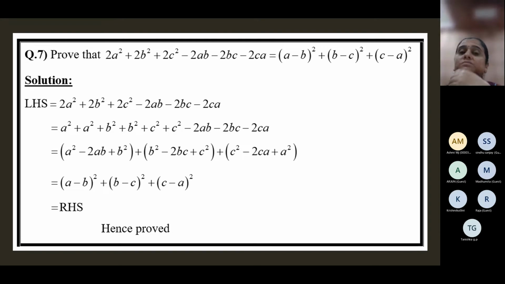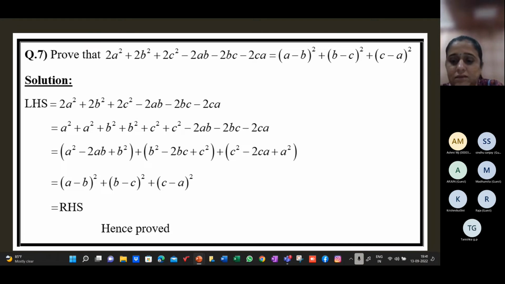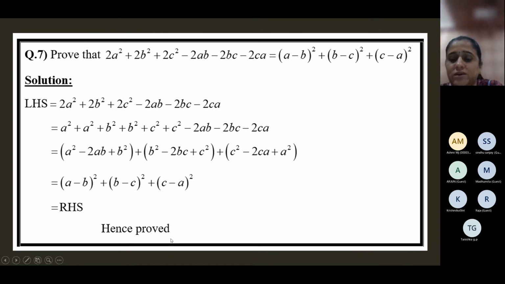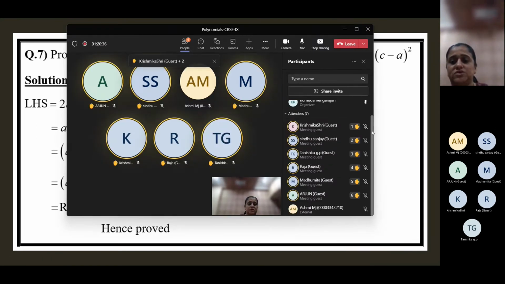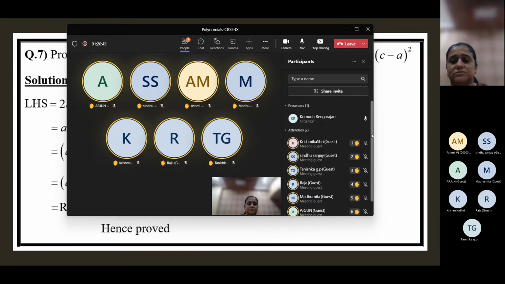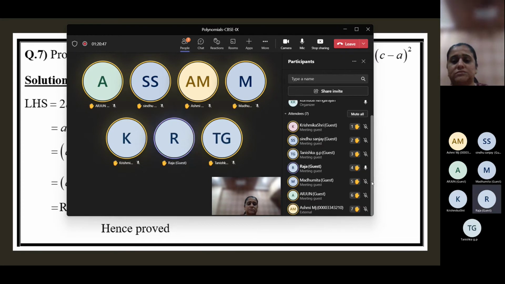Is it over, children? Yes, ma'am. Okay. Class, use the emoji. Raise your hand. Rishmika, Shri, Sindhu, Sanjay, Tanishka, Raja, Madhumita, Arjun, and Srijana. Raja, you joined the session late? Yeah, a little bit. Okay.